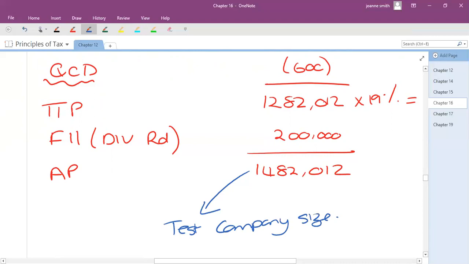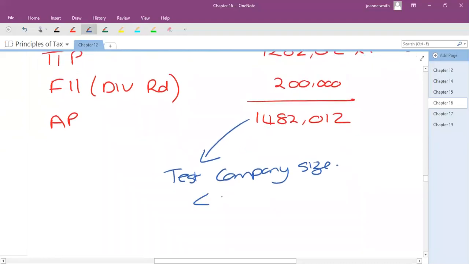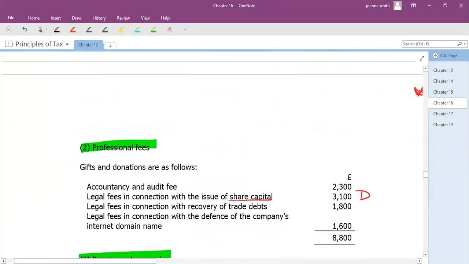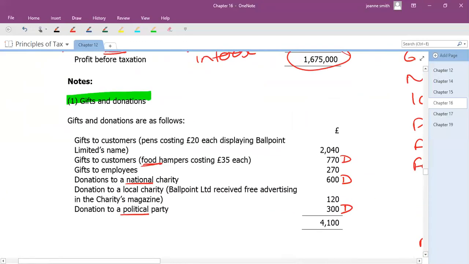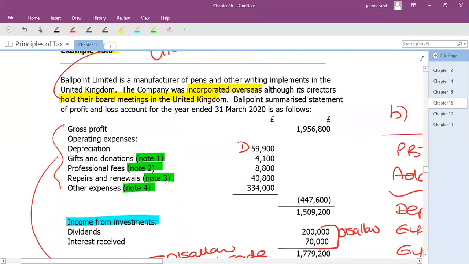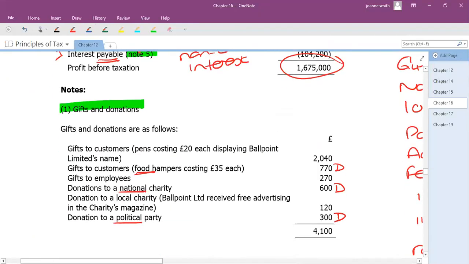Now here, this is less than 1.5 million, so it's not initially looking at it as a large company. What we must check is to see if they're part of a group, and it says here nothing mentioned there.